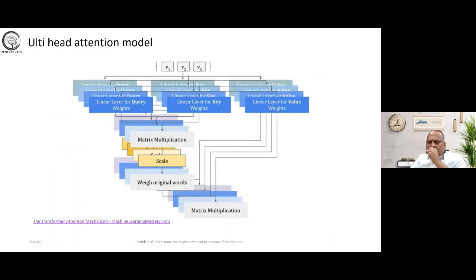Now, if you want to add, instead of a single head self-attention model, if you parallelize the same thing, you are learning these MQ, MK, and MV weights in different subspaces. The structure and the learning remain the same.